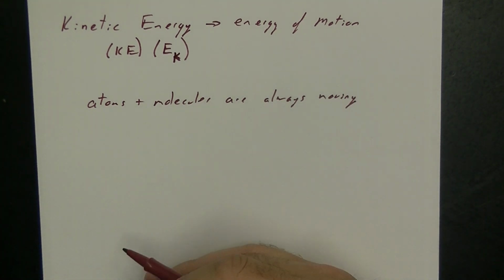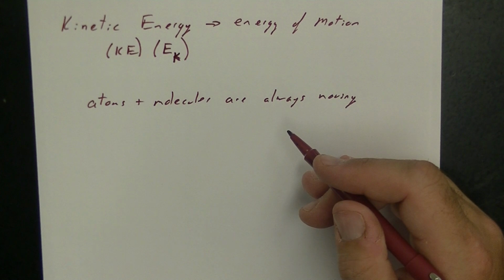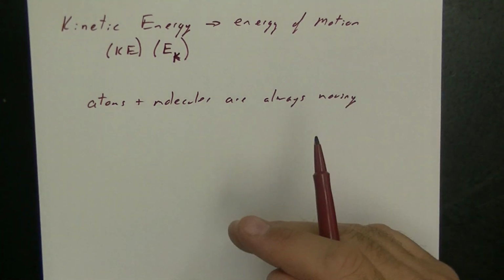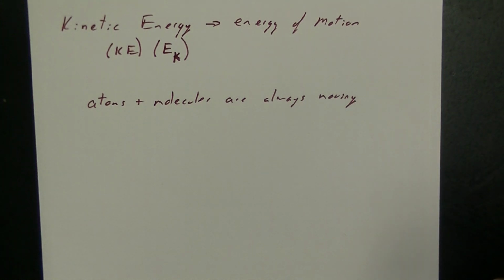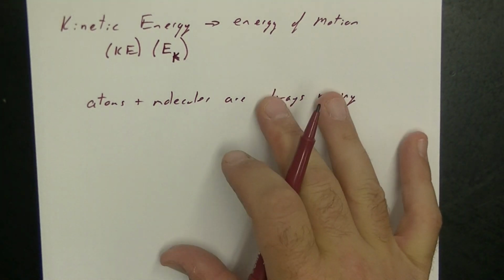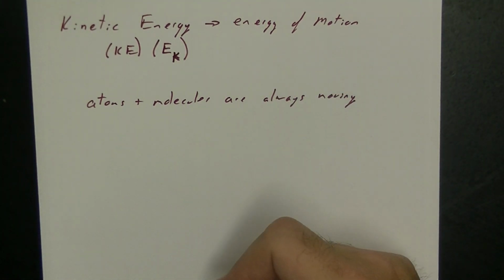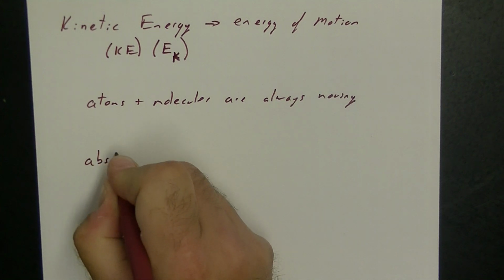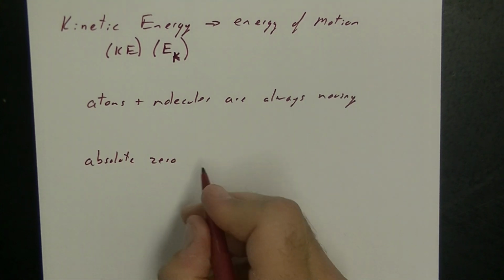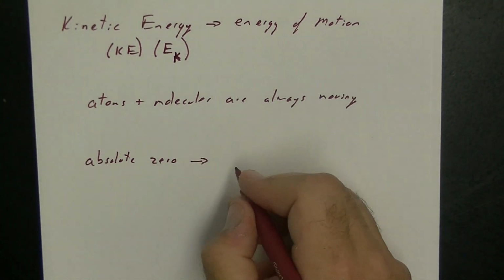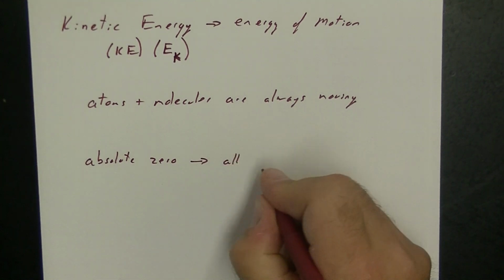So if they're in a solid phase, the particles are only vibrating. Solids and liquids are vibrating, rotating. In a gas, they're vibrating, rotating, and translating. However, no matter what their temperature is, there's always some sort of particle motion. Now, there is a magic point where we think all particle motion stops, and that's absolute zero. Now, we've never reached absolute zero, but at absolute zero, we're theorizing that all particle motion stops.